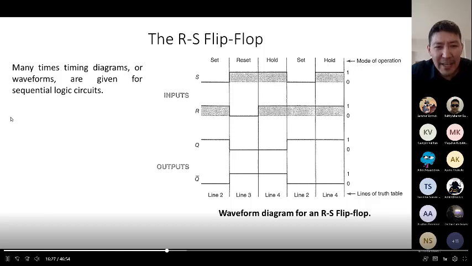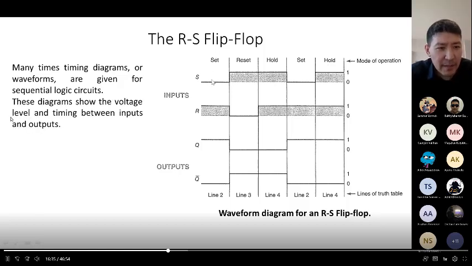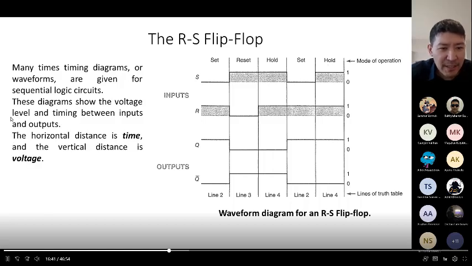So it is a diagram for the RS flip-flop. This diagram shows the voltage level and timing between inputs and outputs. You can see that the horizontal distance is time, and the vertical distance is voltage.